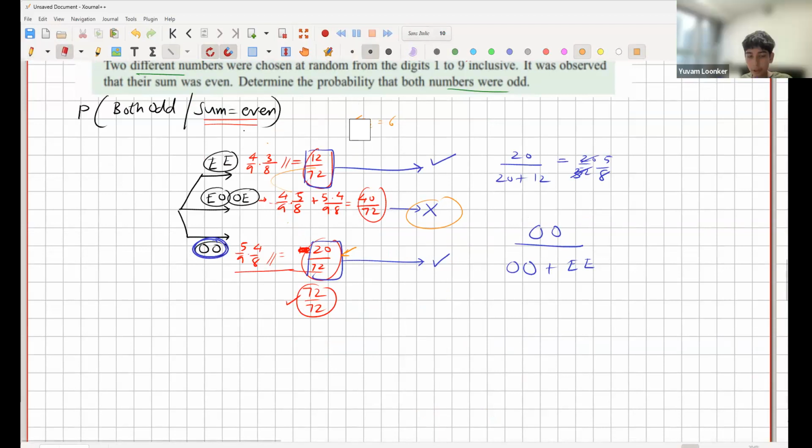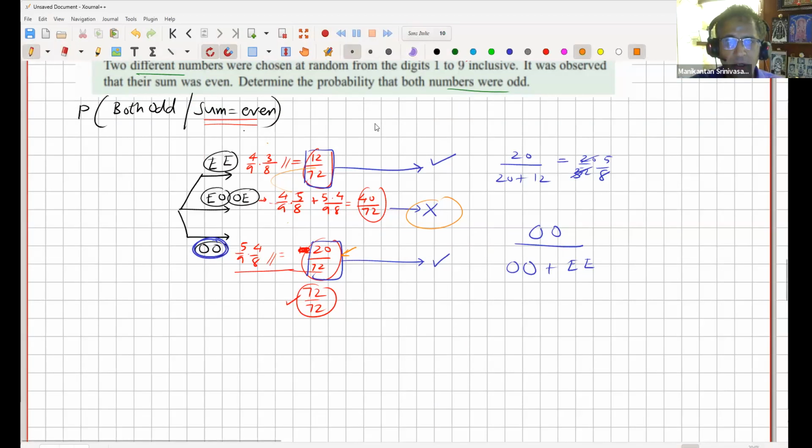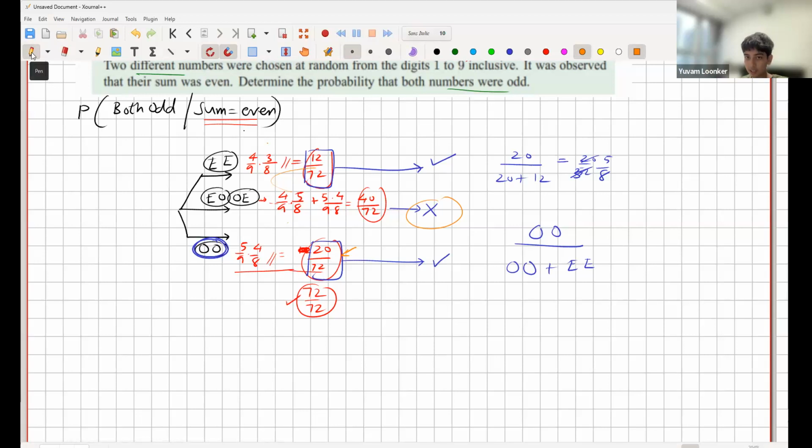No, but you did 4 upon 9 into 3 upon 8. Yeah, which is 12 upon 72, right? To get an even, I want the first one to be even, and I want the second one to be even. So 4 by 9, right? I've picked one number. That's an even number. From the remaining 3 even numbers, I have to pick, of the 8 numbers in total. Okay. Let's move on.